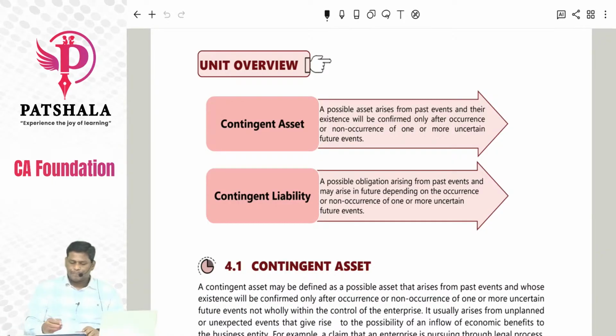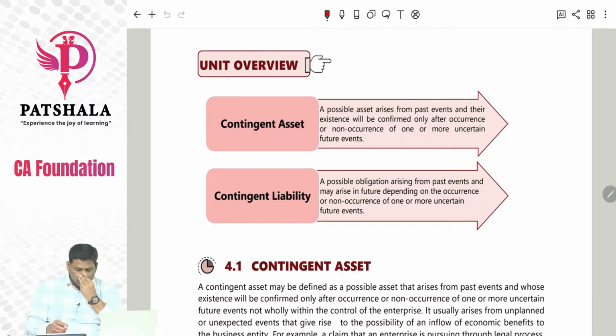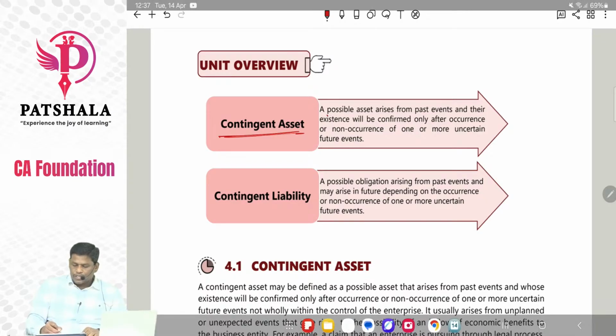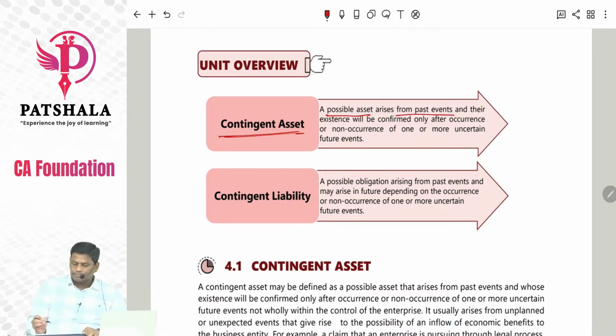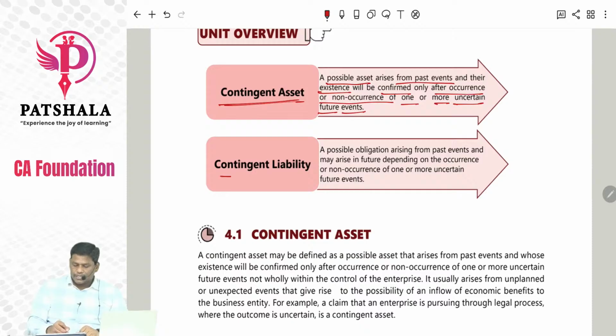Look at this. What is a contingent asset? A possible asset arising from past events, whose existence will be confirmed only after occurrence or non-occurrence of one or more uncertain future events. Contingent liability is a possible obligation which may arise in future depending on occurrence or non-occurrence of one or more uncertain events.